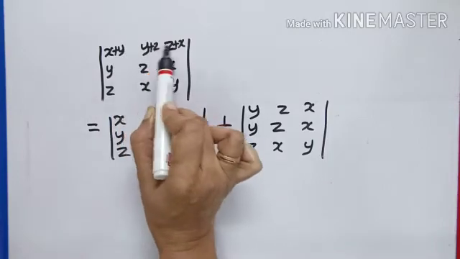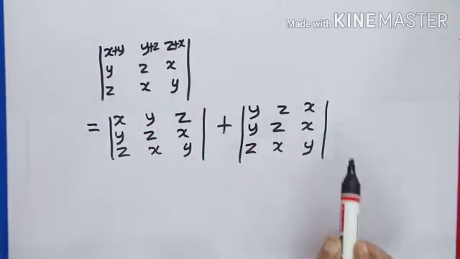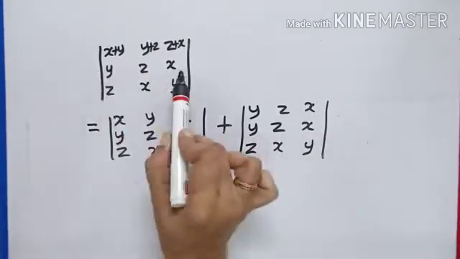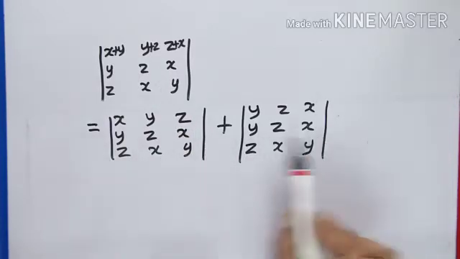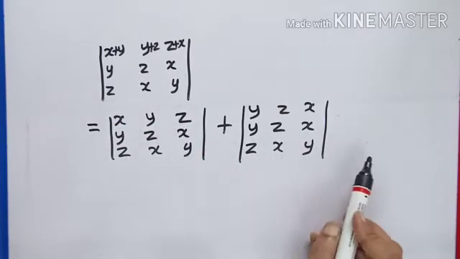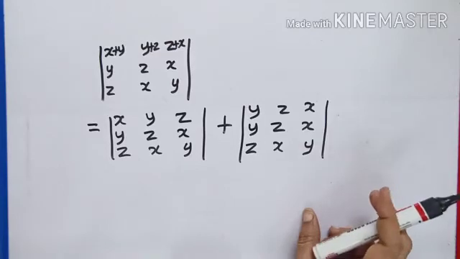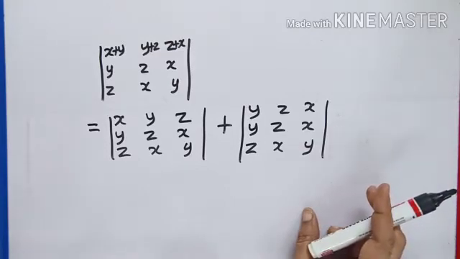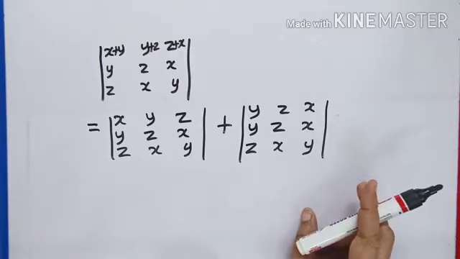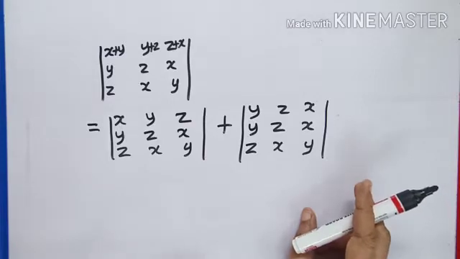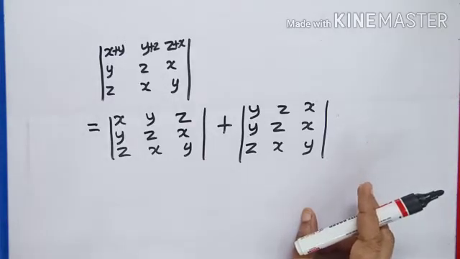All the second elements will come in the second determinant. Second row, copy the same. Third row, copy the same. The proofs are not needed, but the properties you must be thorough with. So in every problem in the exercise, we will highlight the properties once again.